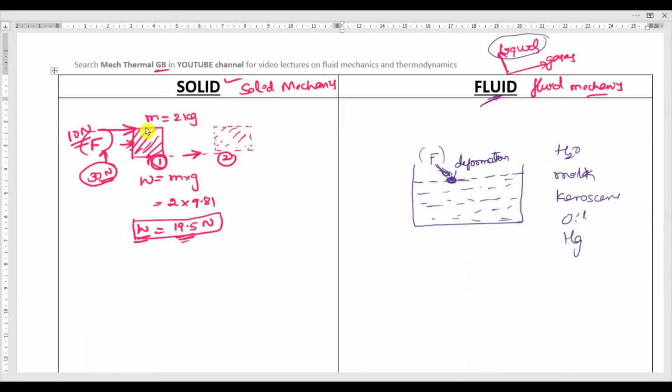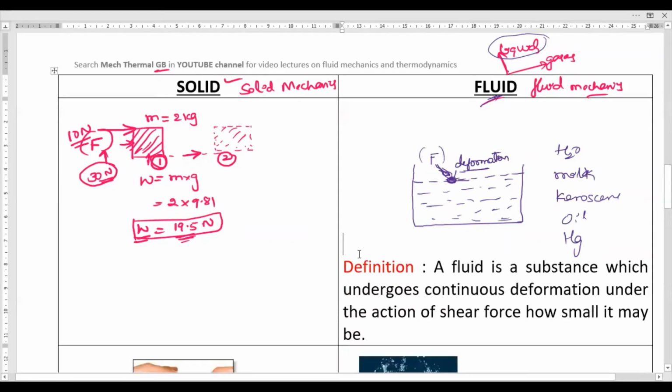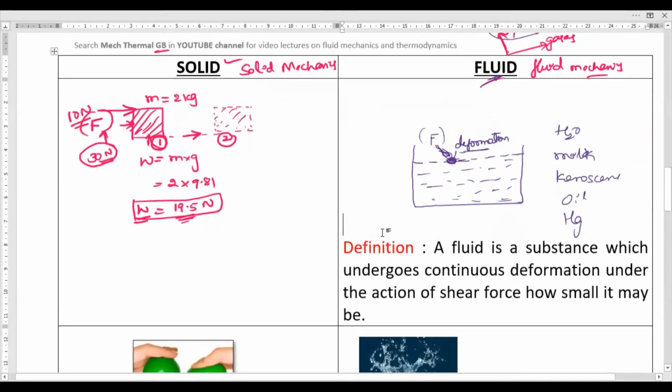So now even the amount of force you applied is too less, the drop of water is getting some deformation. So what is the definition of this fluid? A definition we'll discuss. A definition means a fluid is a substance which undergoes continuous deformation.